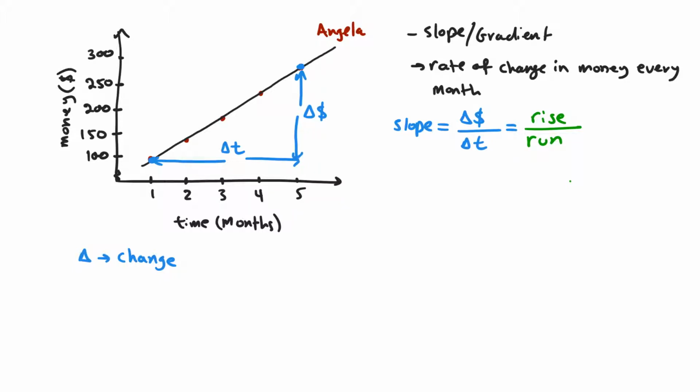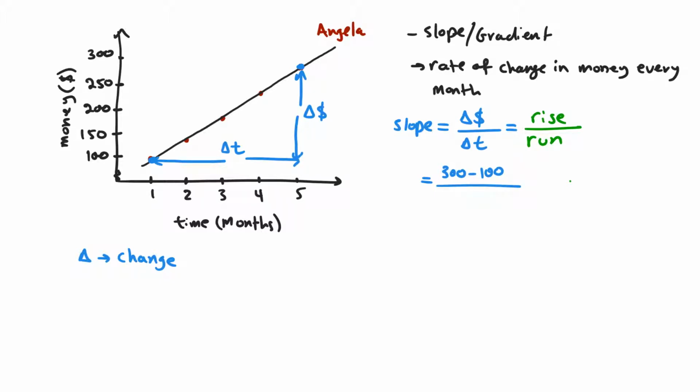So now, looking at the graph to figure out what the change in our amount of dollars is, we can look at this area here. We can see that the change is from 100 to 300. So the change over here is equal to 300 minus 100.